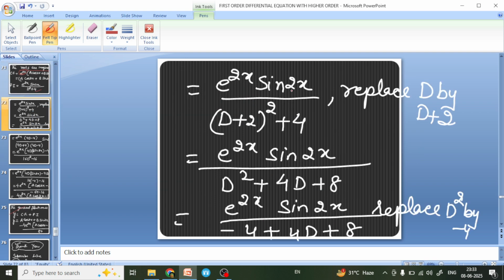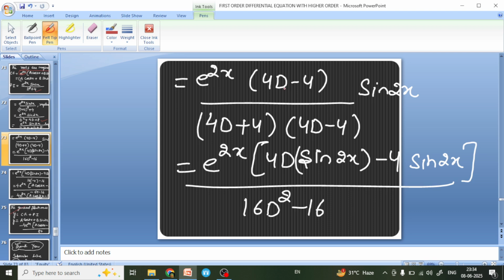e raised to power 2x sine 2x, and D replaced by D plus 2. Instead of D we will write D plus 2 whole square, and when we solve it, that will be D square plus 4D plus 8. The answer is e raised to 2x sine 2x, and here D square is replaced by minus 4. When we solve it, e raised to 2x, 4D minus 4 over 4D plus 4, and 4D minus 4 and sine 2x.